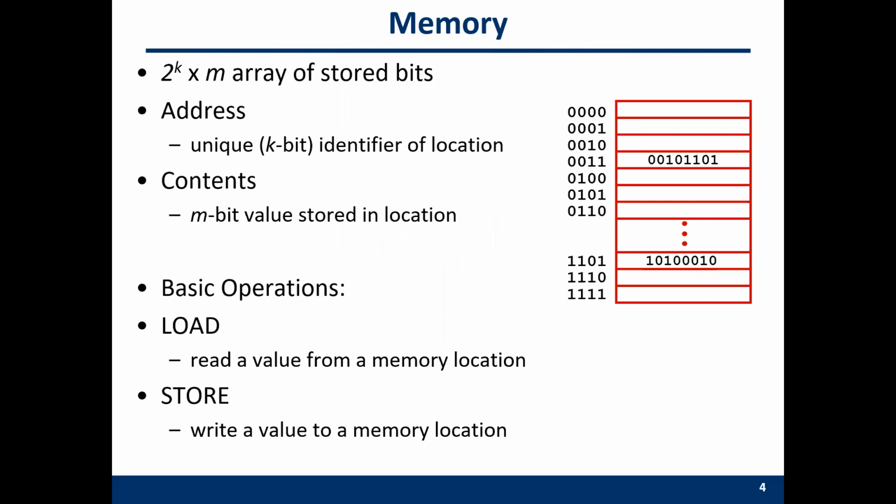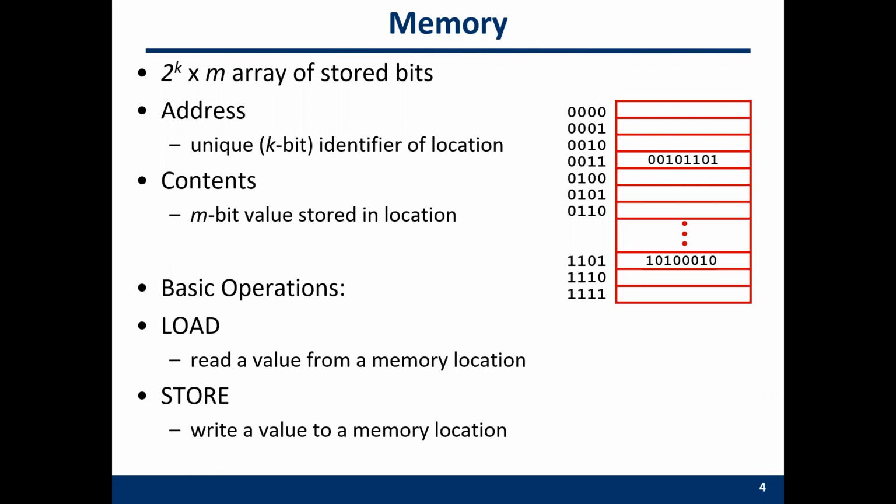So this is an overview of the memory space. This is a one-dimensional array. We may have M bits in each entry, and in total we have K entries, and each entry can be identified by a K-bit address.